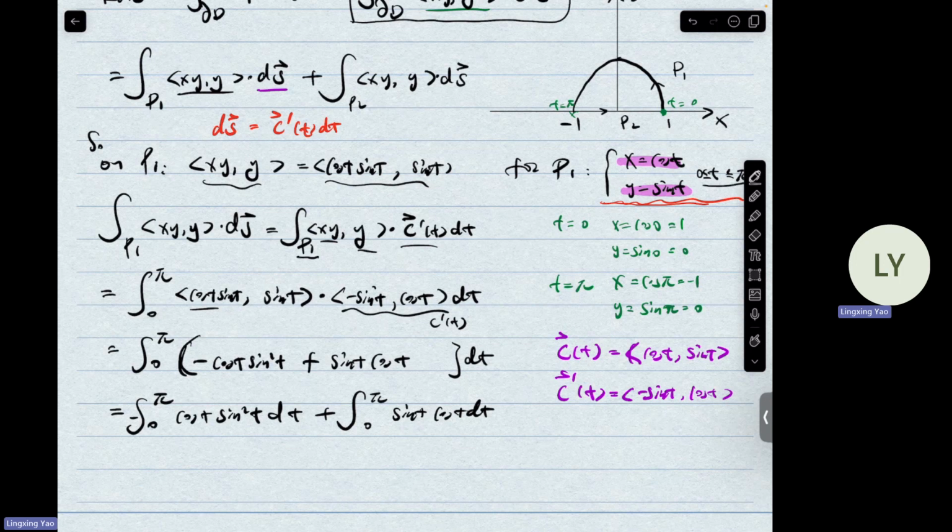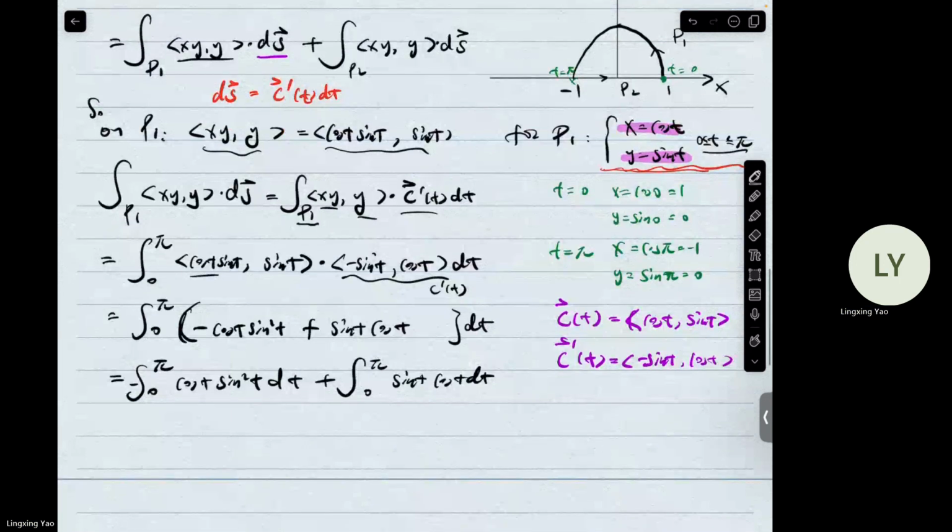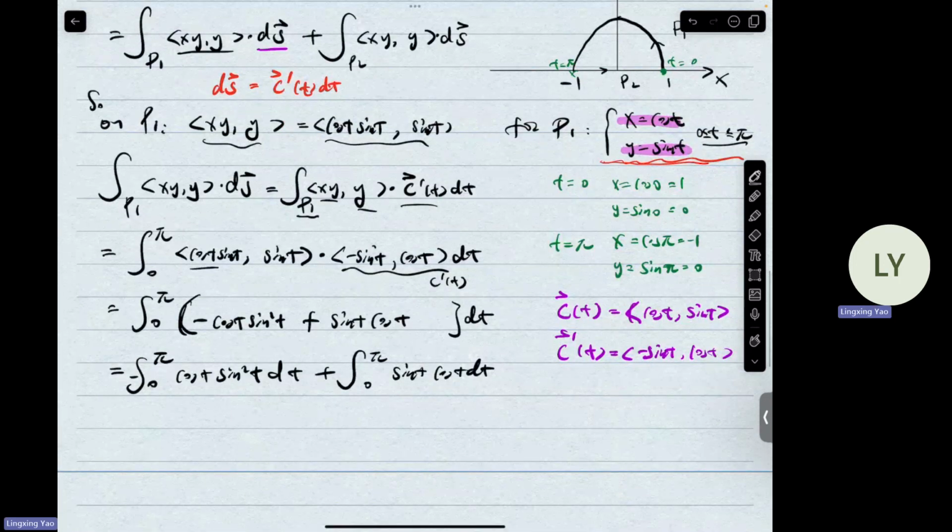All right. So now with this, well, there are two pieces. It's a little bit hard to compute, but still, we can set this first part by doing this u substitution. We assume u is sine t here.